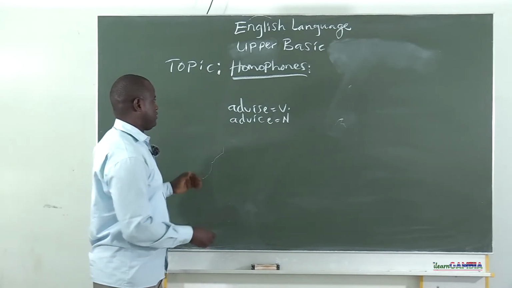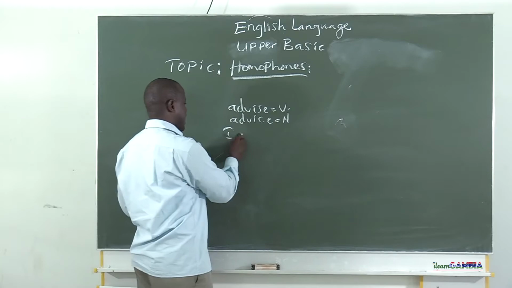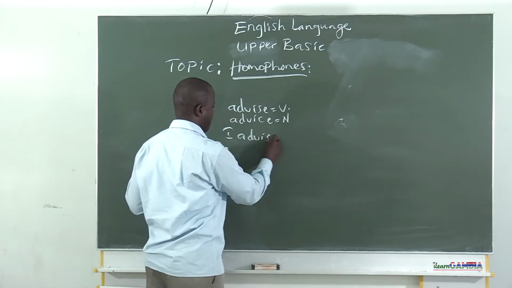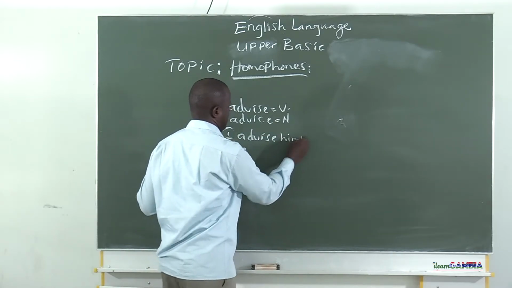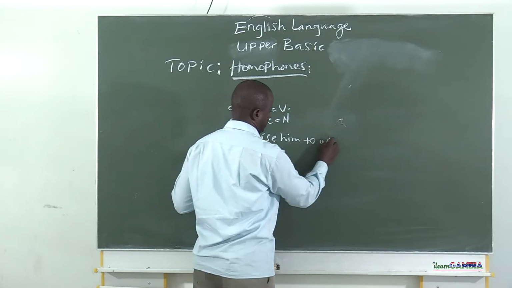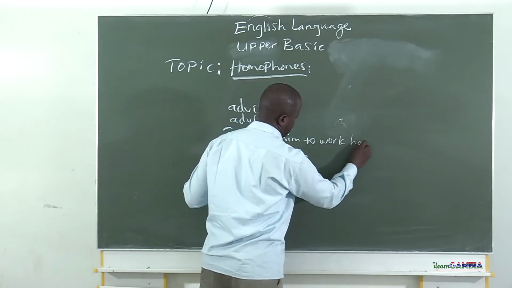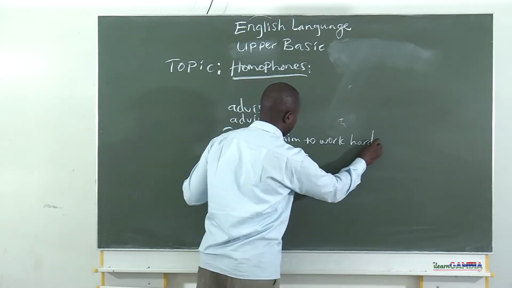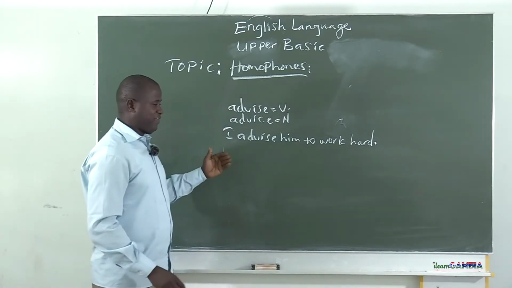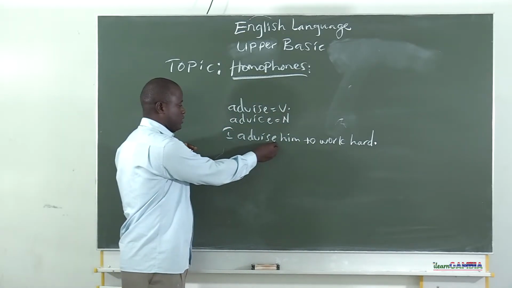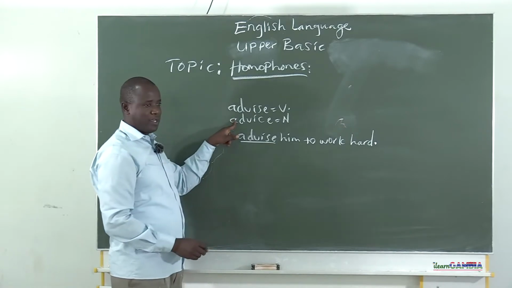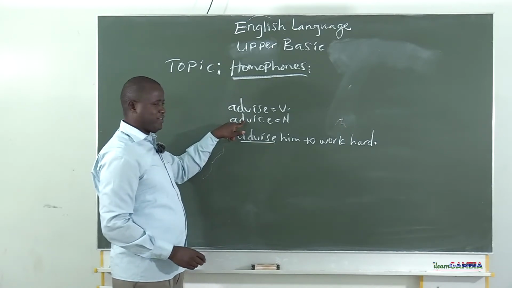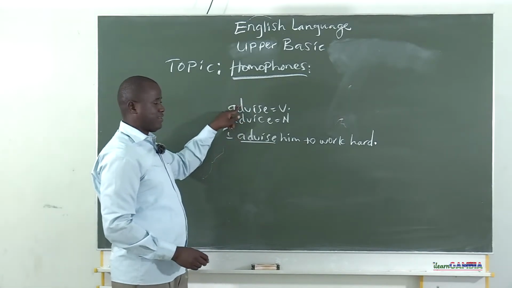For example, you say, I advise him to work hard. Now, in this sentence, you need to use this word. You cannot use this one because this one is a noun and this one is a verb.